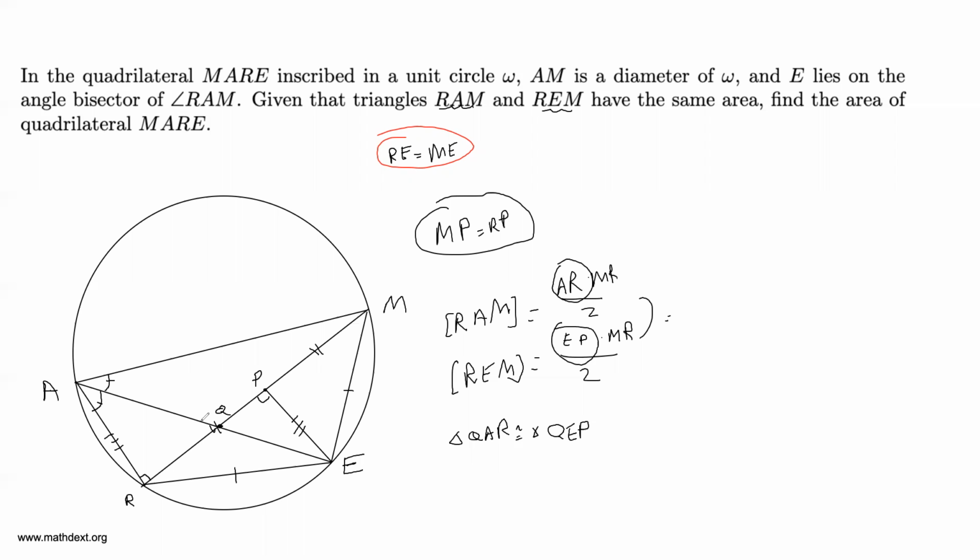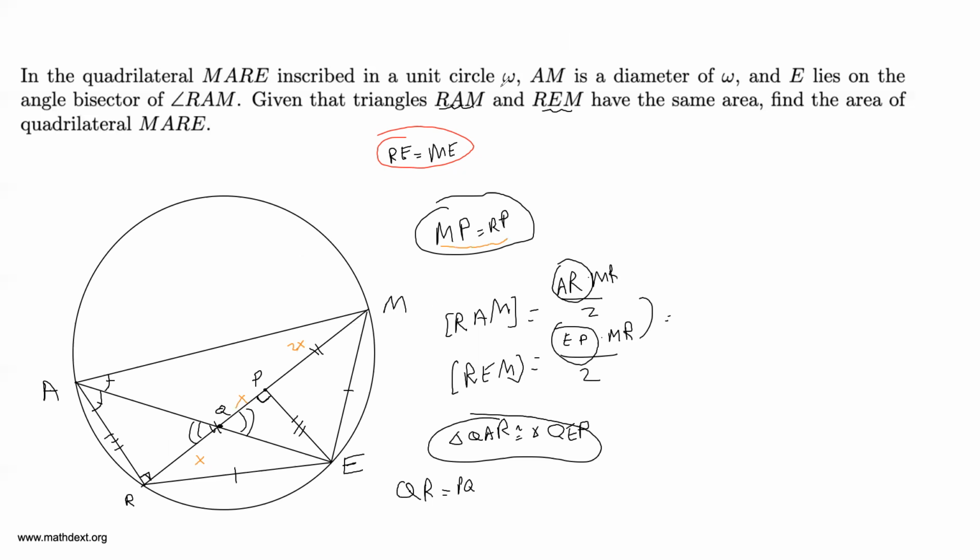We have this angle equal to this angle, this right angle equal to this right angle, and this side EP equal to side AR. This congruence means that QR is equal to PQ. So we can call QR x, and we can call PQ x as well. But remember, we know MP is equal to RP, which means that MP is 2x, since RP was 2x.